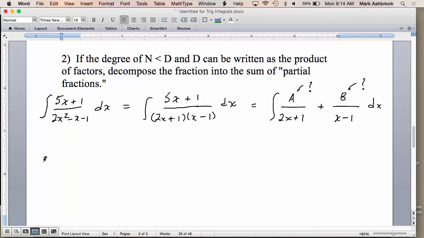So what do we do to the first fraction to get ready to add it to the second? We need the x minus 1 in the denominator, so we need the x minus 1 up here. Okay, and then what am I going to do to the second one?